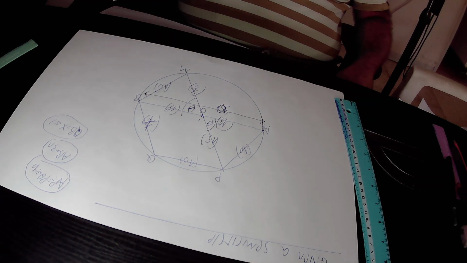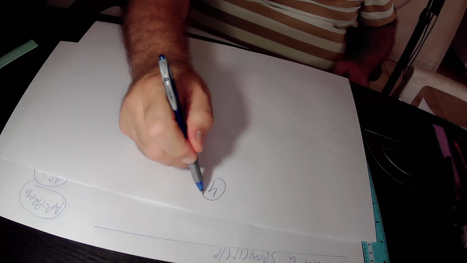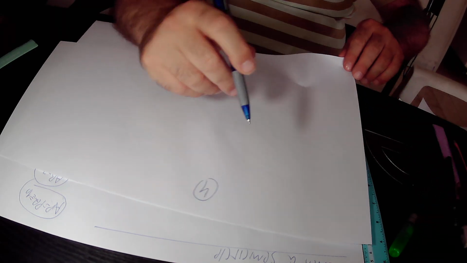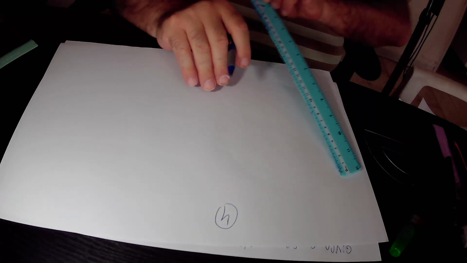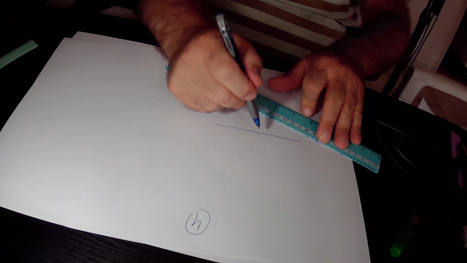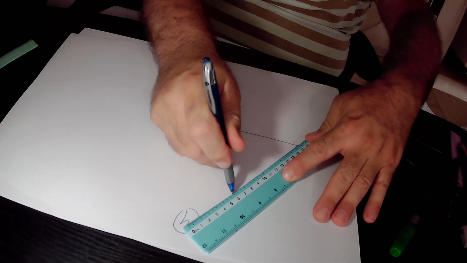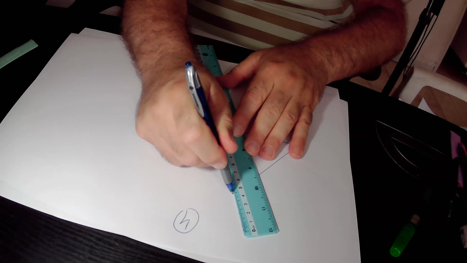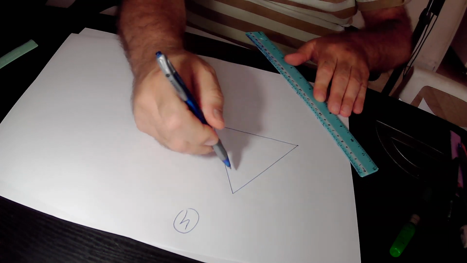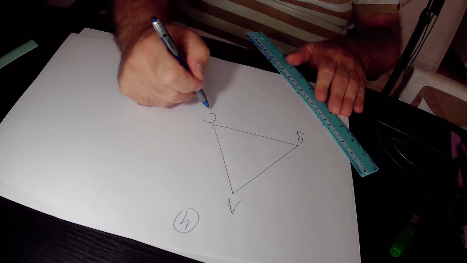Actually, the law of cosines is true in any triangle. This is triangle ABC, that could be any triangle.